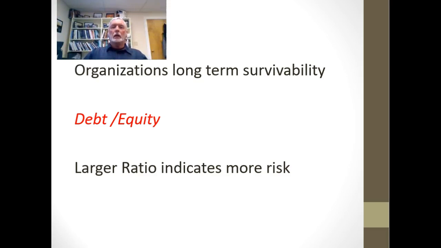And debt, at least the way we're using it, is going to be defined as total liabilities. So really, you could move debt out of that equation and say total liabilities divided by equity. So it's not just loans, but it's all my liabilities divided by equity. So that's debt to equity, and I think your textbook calls it debt of equity, but I think that's just a typo. It is debt to equity.